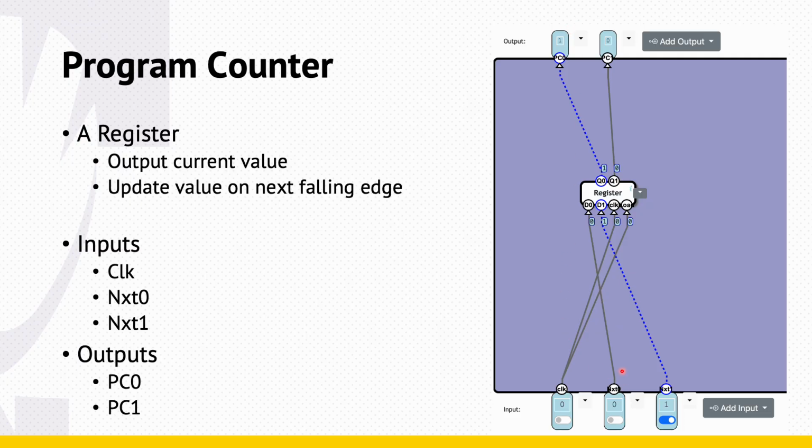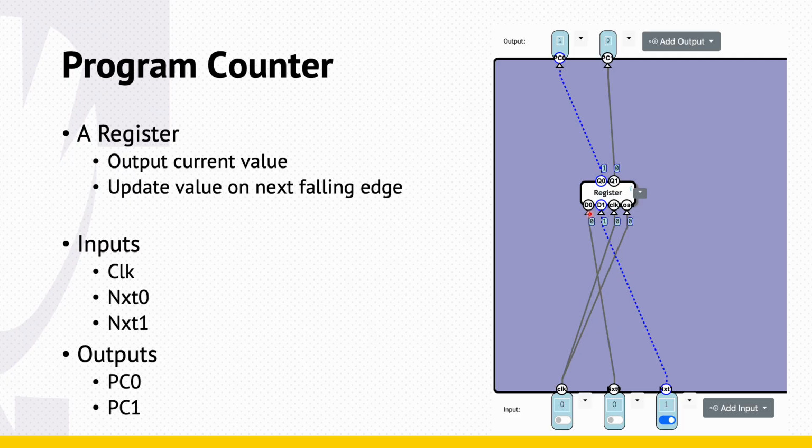And it has a value coming in, and this is the next value that we want to store in our program counter. So we have a single register. Its output values are mapped to the program counter 0-bit and program counter 1-bit. And then we have these 2 inputs called next 0 and next 1. So this is the next program counter value that we want to come in.